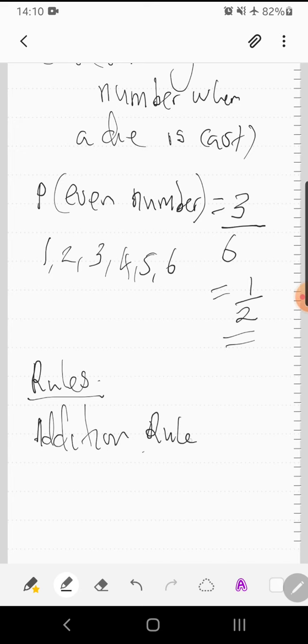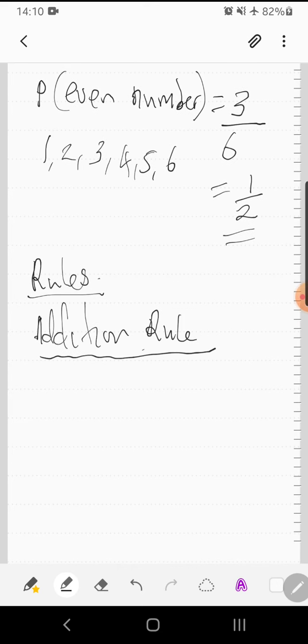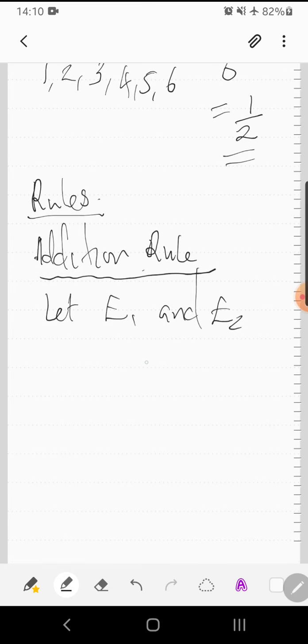Okay. So, in the addition rule, we have that, let E1 and E2 be elementary events.